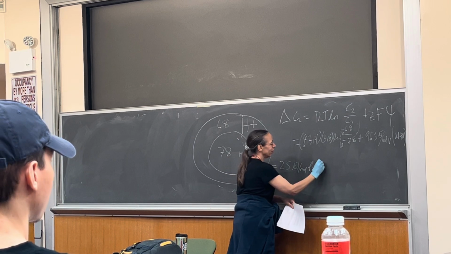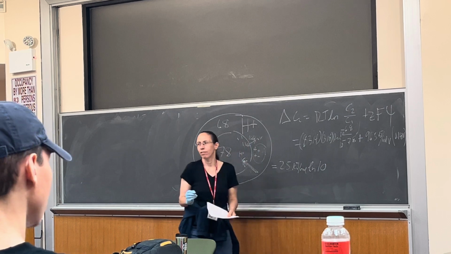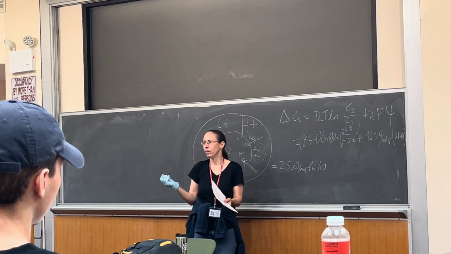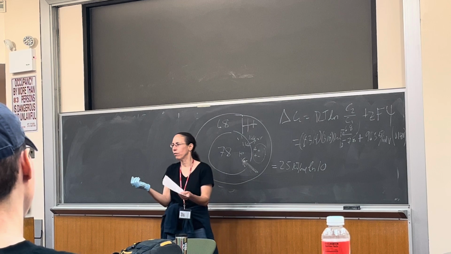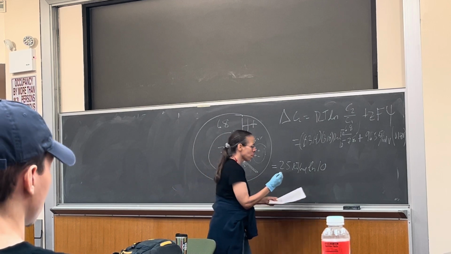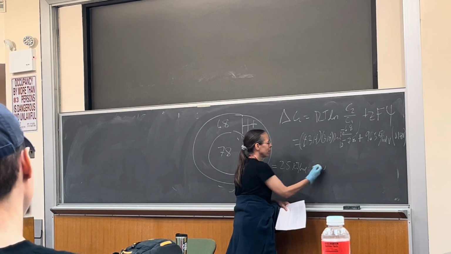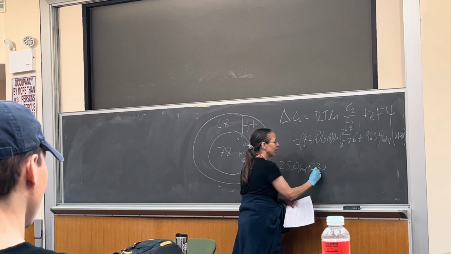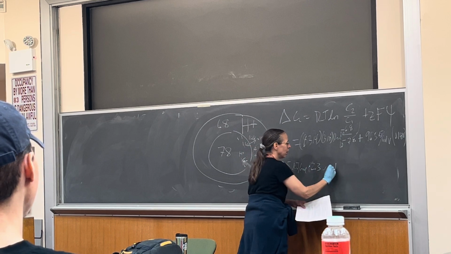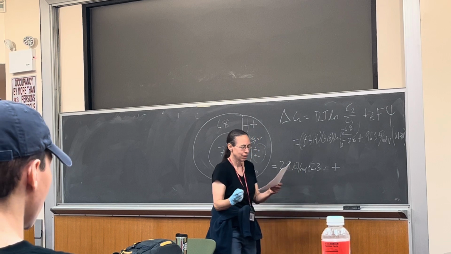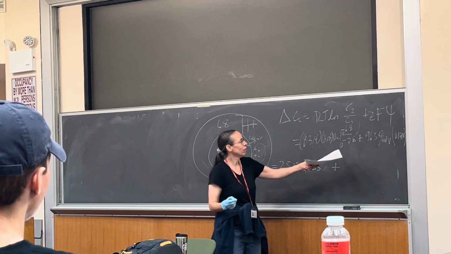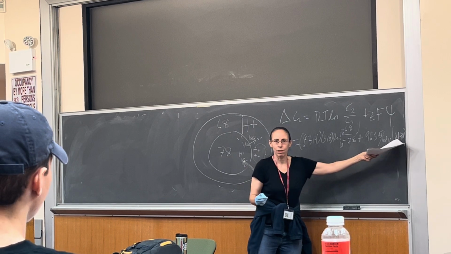Natural log of 10. The natural log of 10 is 2.3. That's the conversion between natural log and log. So this is 2.3. I did it the other way around and I got negative 2.3. Right, so then you would have to reverse this and make it a negative.